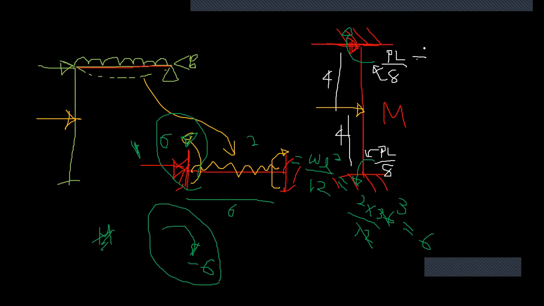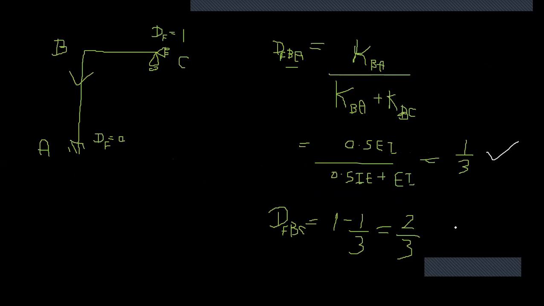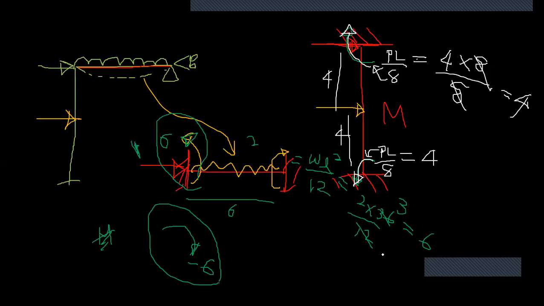So it is 4, L is 8. So that's going to be 4. This is also anti-clockwise 4, and this is clockwise 4, right? So now I can write. I know the distribution factors: 1/3, 2/3. It's okay, right?